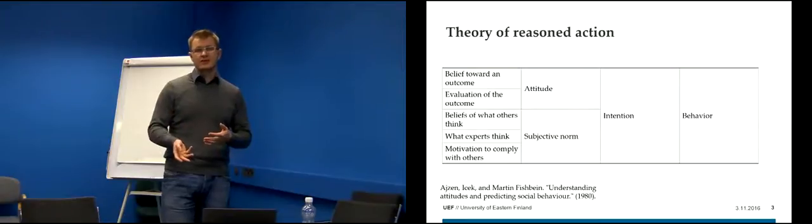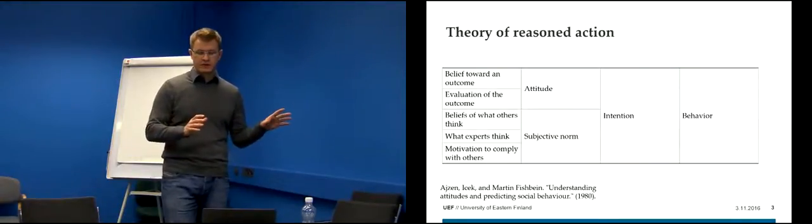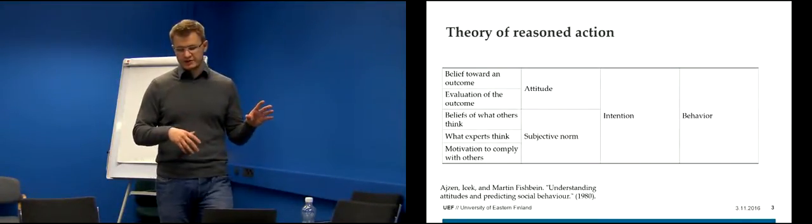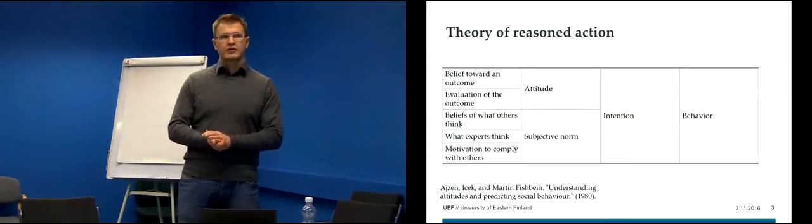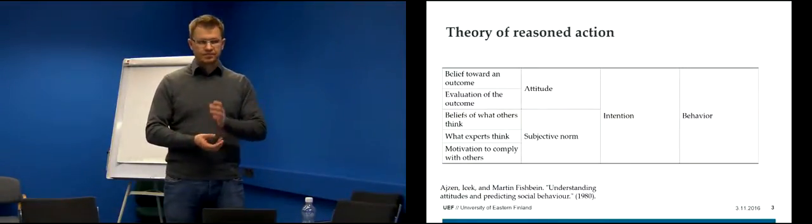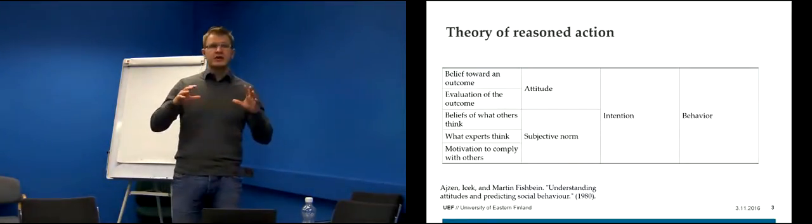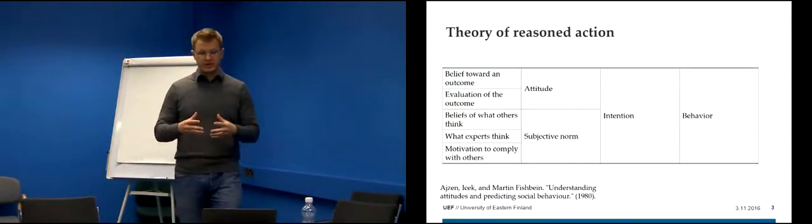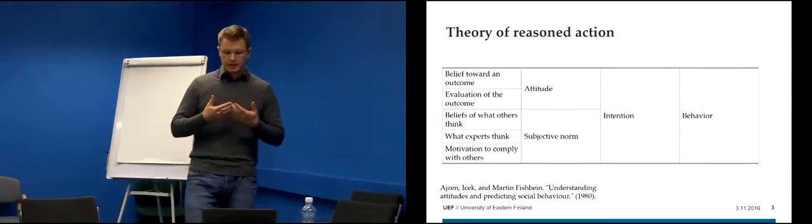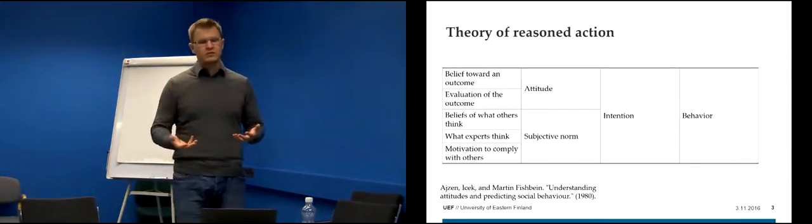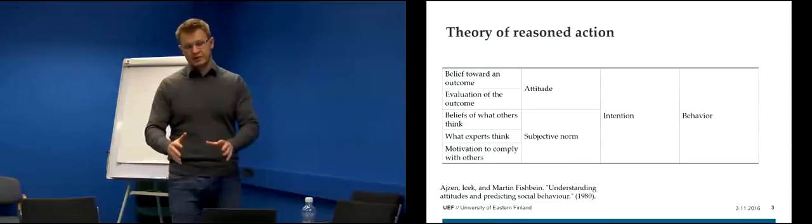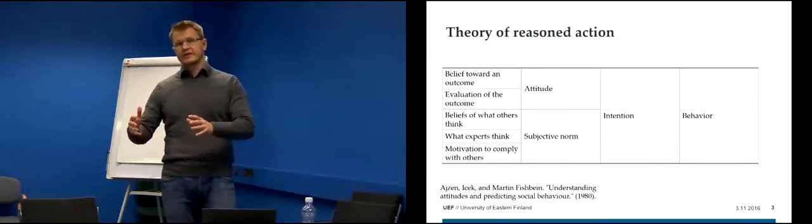Why we behave as we behave, what kind of things are the ones that drive us towards certain kind of behavior. And these are really subjective opinions of a person on these topics that affect his behavior.